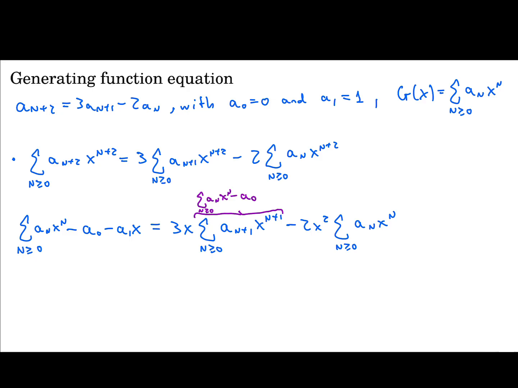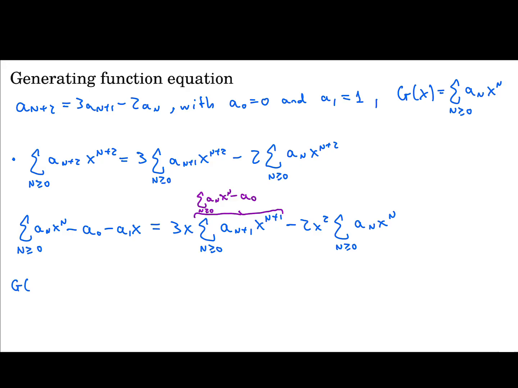And so what this means now is that we can replace this g of x here, here, and here, and we're going to get an equation in terms of g of x.